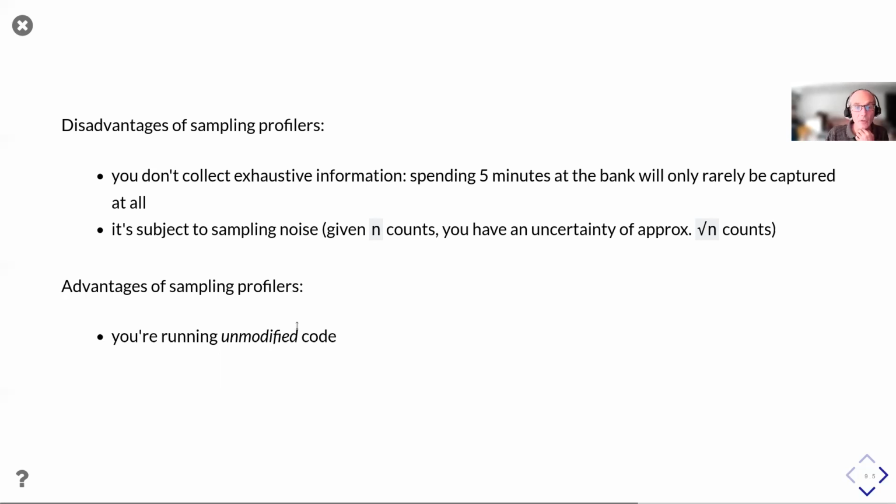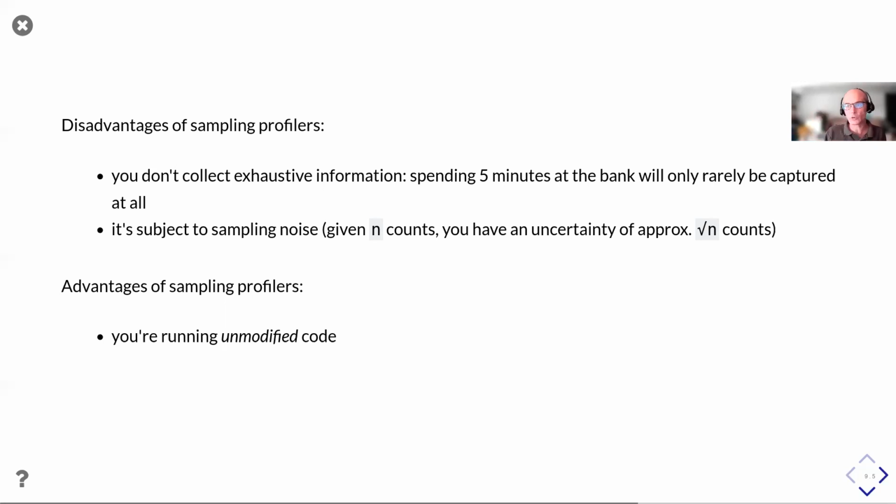And so even though there are disadvantages of sampling profilers, this one advantage is so huge that I strongly recommend that pretty much any time you try to profile code, you use a sampling profiler rather than an instrumenting profiler. There are times where you have a very targeted question about a tiny block of code, and then there are actually some very nice instrumenting profilers available for Julia and other languages as well.